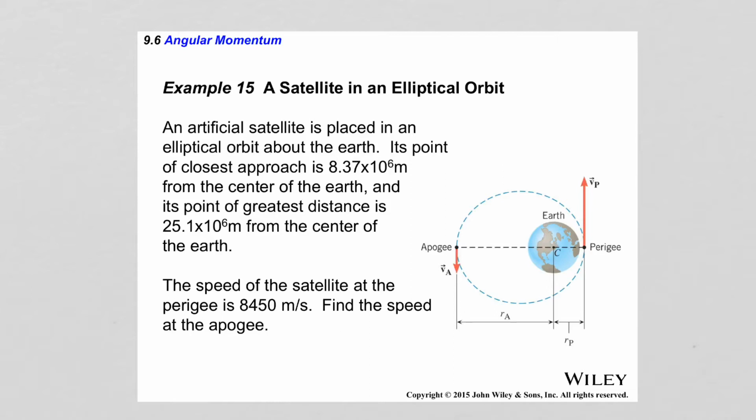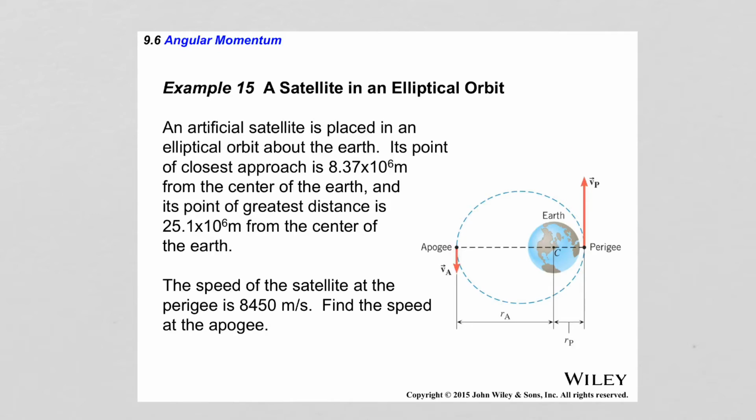That is called perigee, right here. And then the point of greatest distance is 25.1 times 10 to the 6 meters from the center of the Earth, so that is apogee right here.